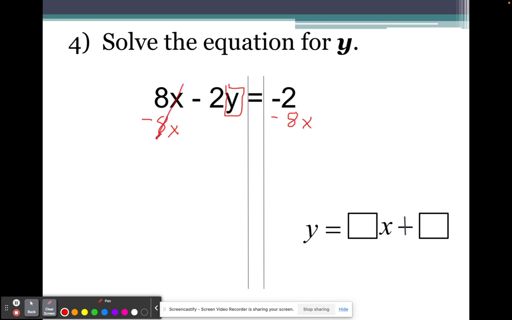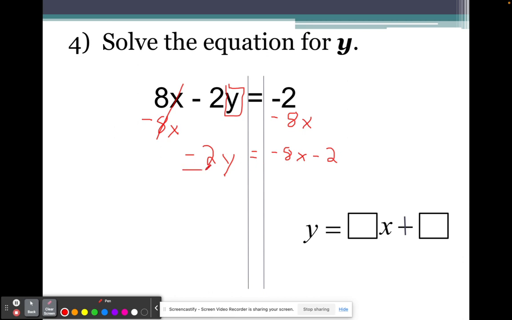This cancels out. I have negative 2y equals, and it's a negative 8x and a negative 2, so minus 2.